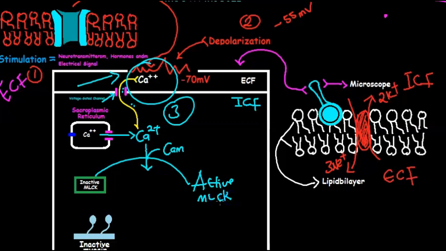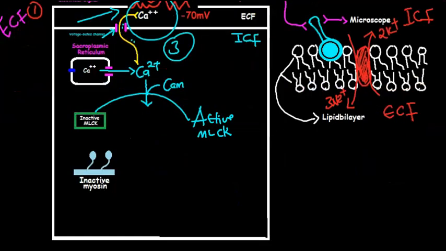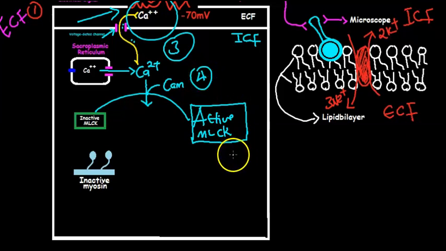And notice that this is the fourth step, which we call the calmodulin myosin light chain kinase activation. And this specifically is what we call the calmodulin myosin light chain kinase complex.